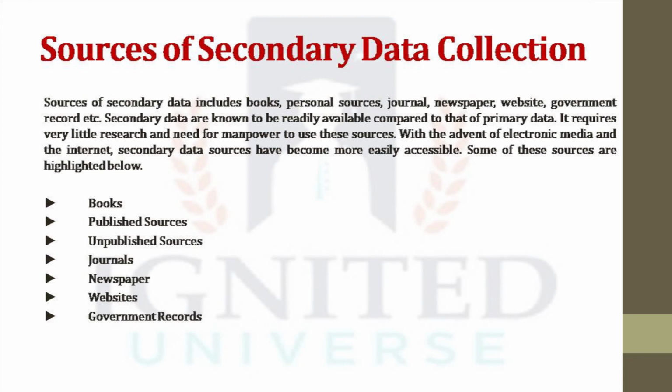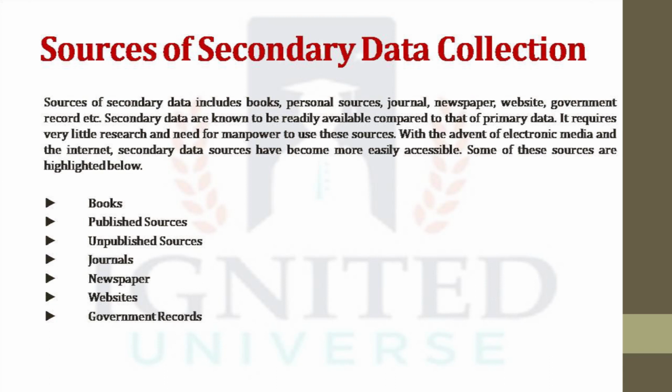Apart from this, the external data sources can be books, personal sources, journal, newspaper, website, government record, etc. It is to be noted that secondary data are readily available compared to that of primary data. It requires very little research and need for manpower to use these resources.